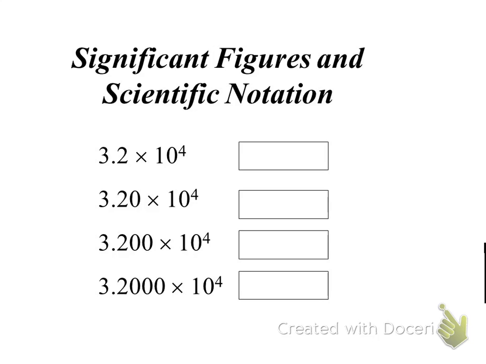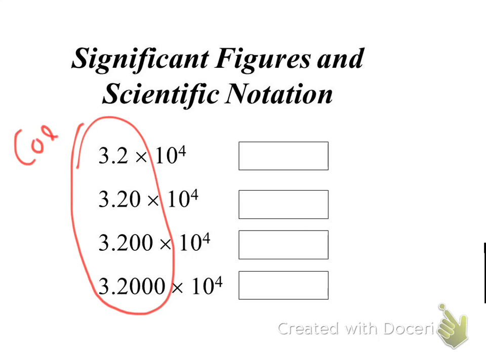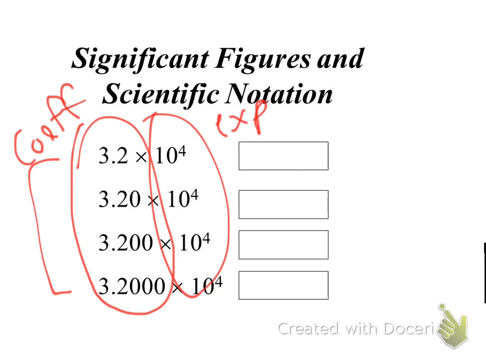So once a number is packed up in scientific notation, you focus on what we call the coefficient. And over here, this is the exponent part. So you focus on the coefficient, basically, and you count sig figs according to the same rules.